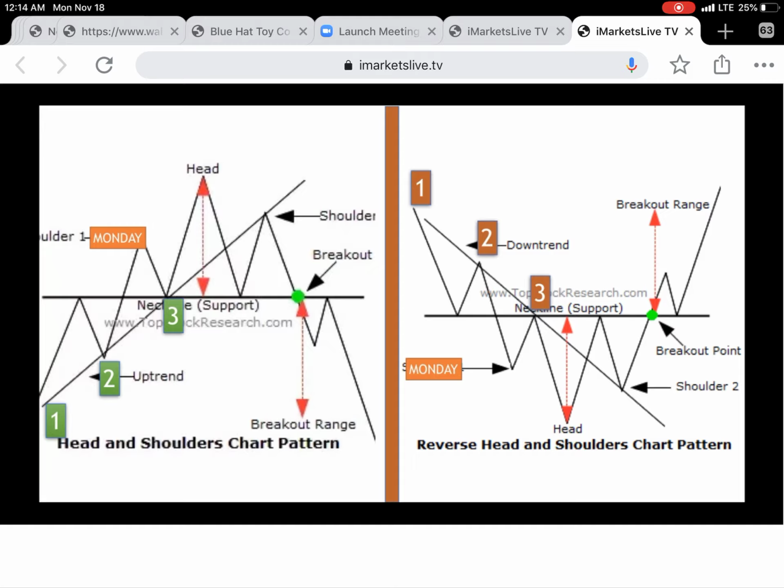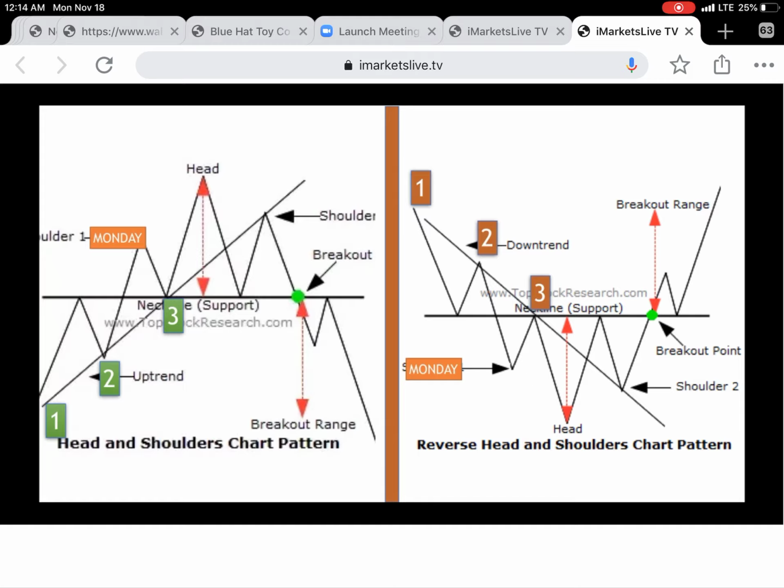It's pointing down. Now, once 3 has been confirmed, it's going to be a confirmation that we have a downtrend. Now, you see where number 3 is? Let's say 3 is the low of Monday. You see where it says Monday? That's the low, and number 3 is the high of Monday.